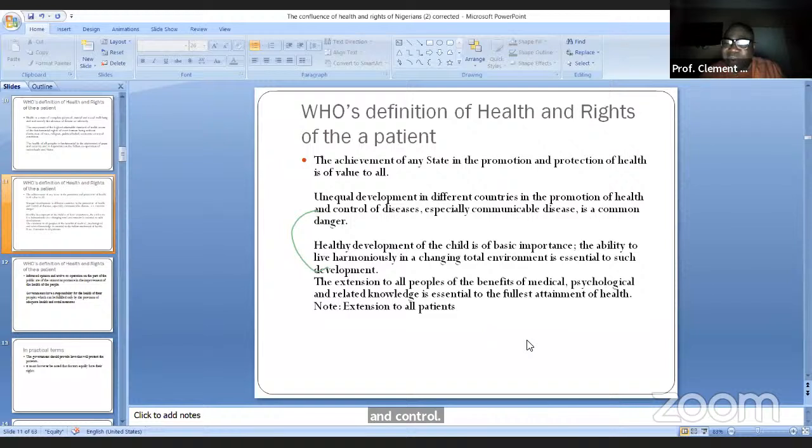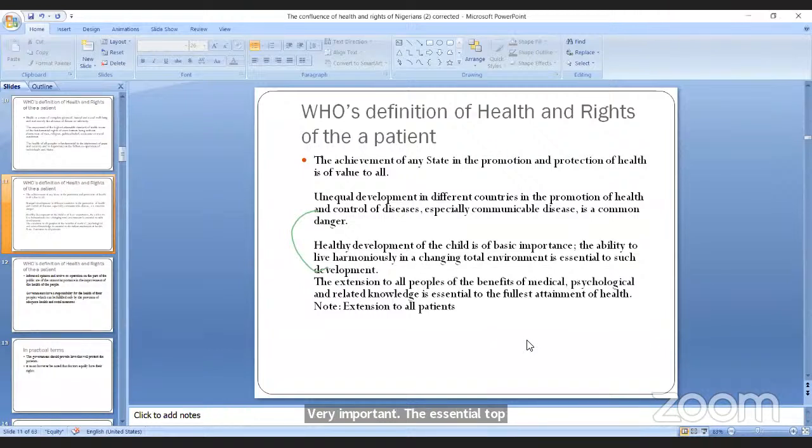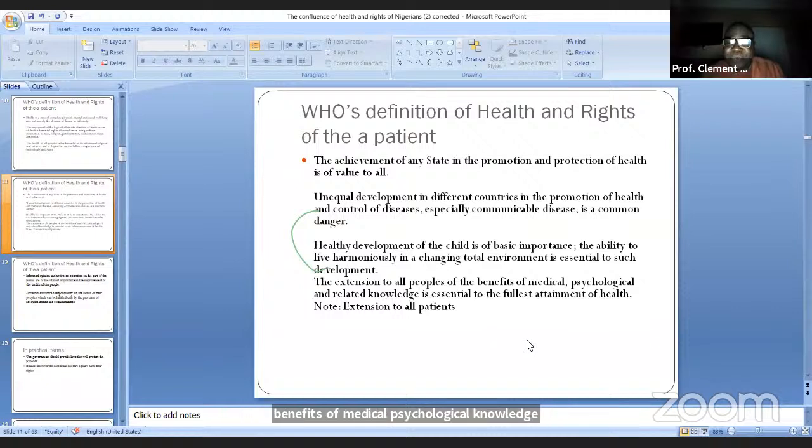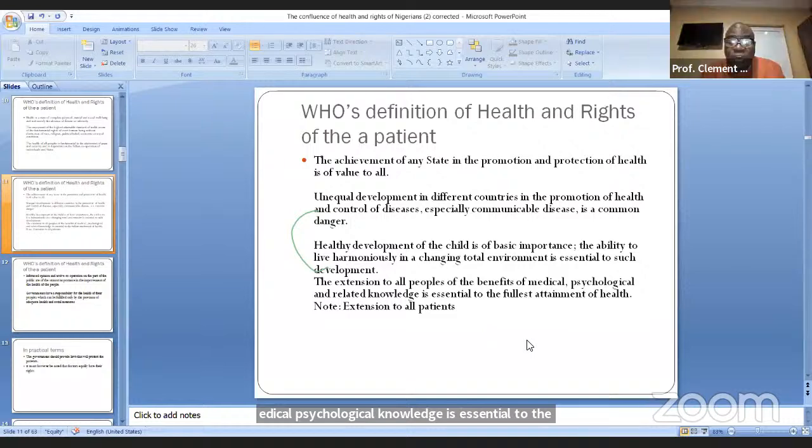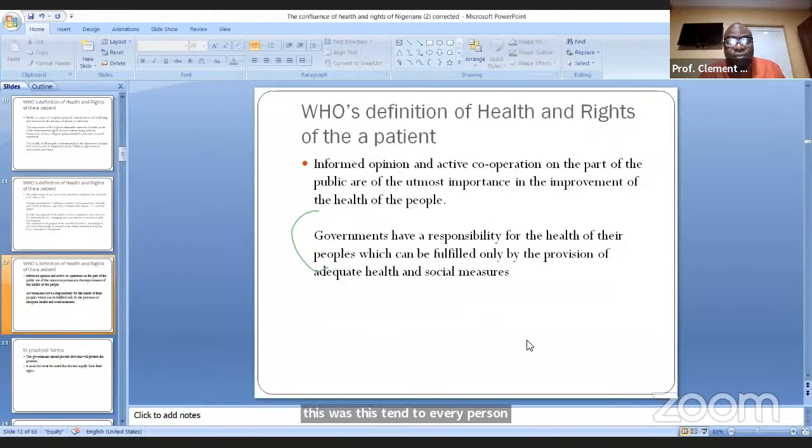World Health recognized it long ago. You have unequal development. Of course, a child needs adequate development. Very important. The extension to all peoples of the benefits of medical, psychological, and related knowledge is essential to the fullest attainment of health. Of course, remember, this must extend to every person.